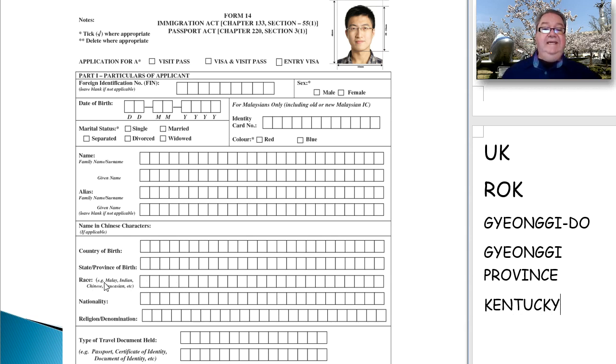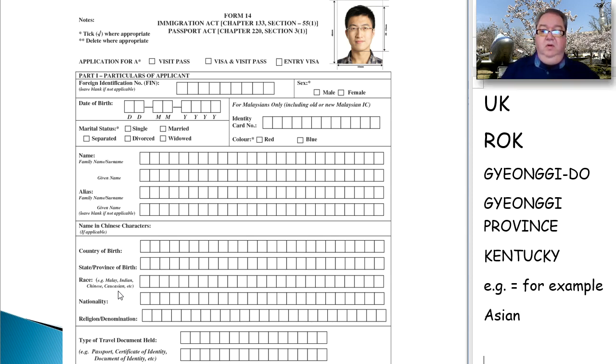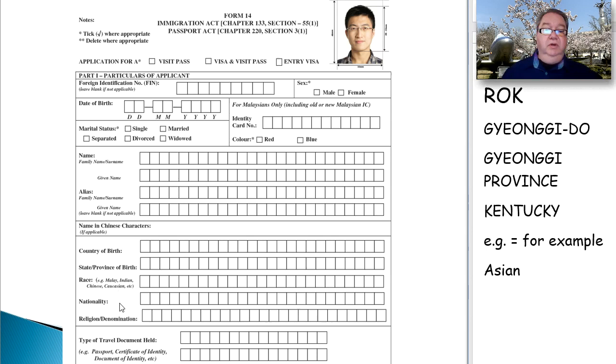Race, E.G. Here you see that E period, G period. That means, for example, okay? For example, Malay, Indian, Chinese, etc. Normally, Asian would include Malay, Indian, Chinese, okay?